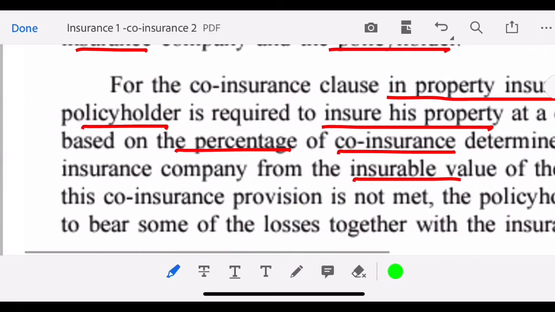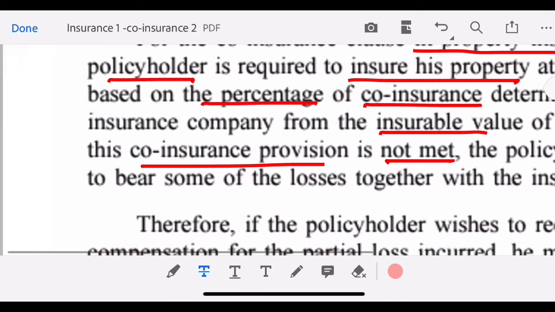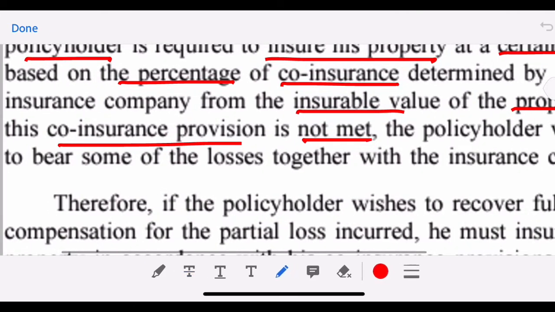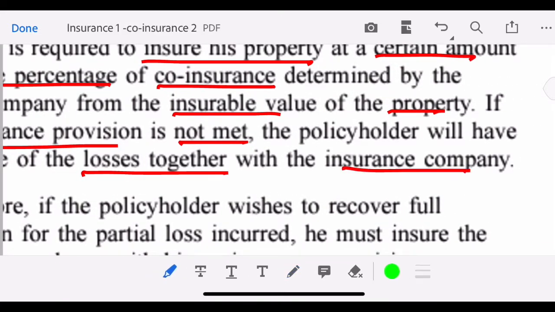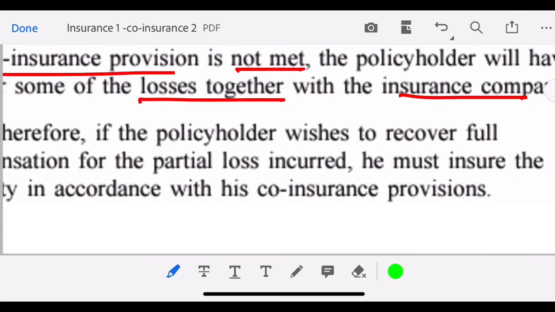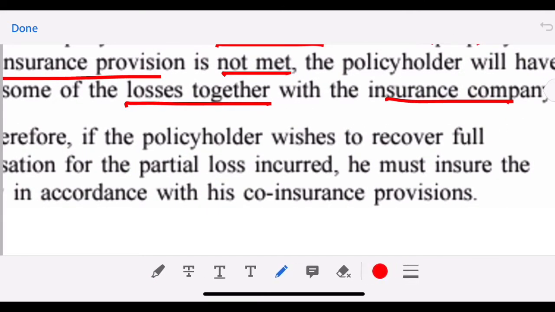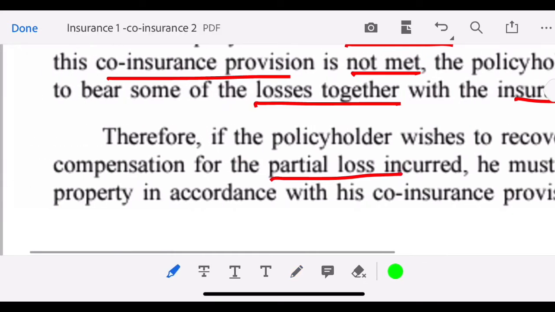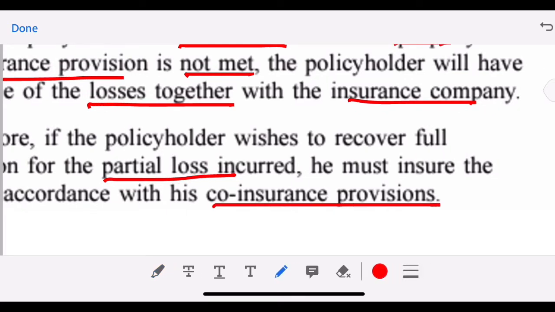If this co-insurance provision is not met, the policyholder will have to bear some of the losses together with the insurance company. Therefore, if the policyholder wishes to recover full compensation for the partial loss incurred, he must insure the property in accordance with his co-insurance provisions.